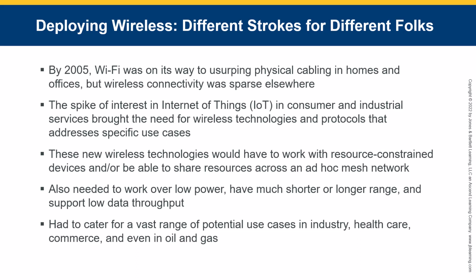Again, your IoT device may not have the computational power to do many things. It may just allow for basic wireless connectivity and an on-off option. That's it. So we also needed to work with low power, shorter range or even longer range depending on the requirements, and you may not have appropriate data throughput. If you have too many devices that are sending wireless signals, you also might have to deal with additional noise. It really just depends on the circumstances.